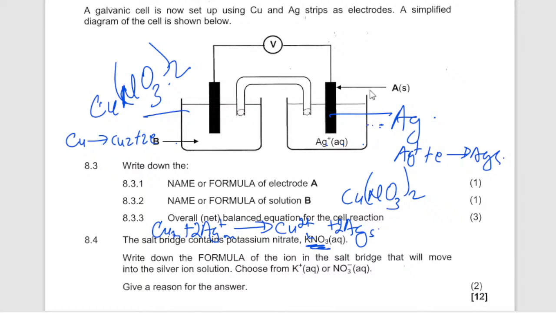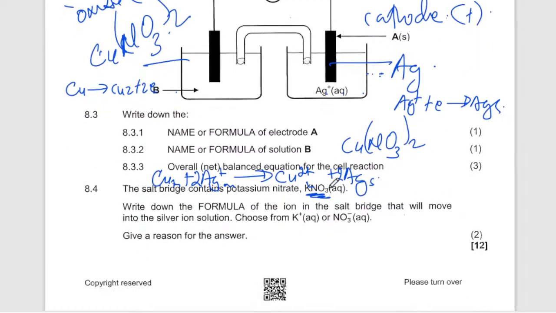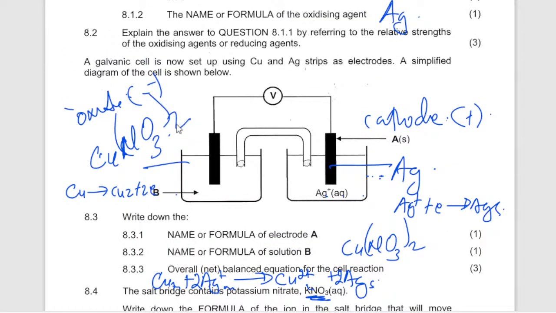The one which is reduced is always the cathode. The one which is oxidized is always the anode. And don't forget that the anode is negative, and the cathode is positive. Now the positive charge will go to the positive, and the negative charge will go to the negative, so that it keeps it positive. Why? Because this is a negative terminal.